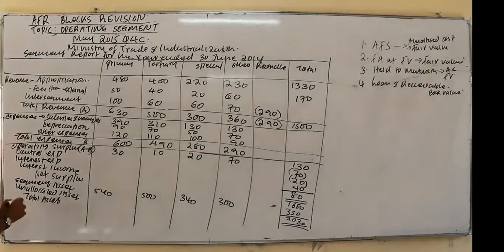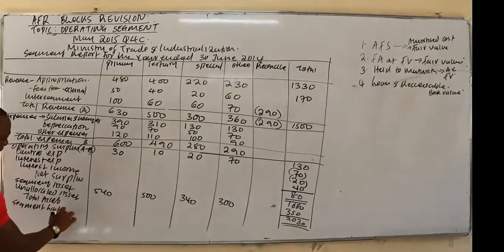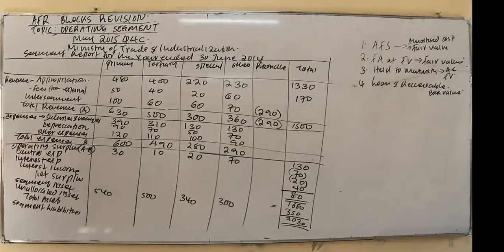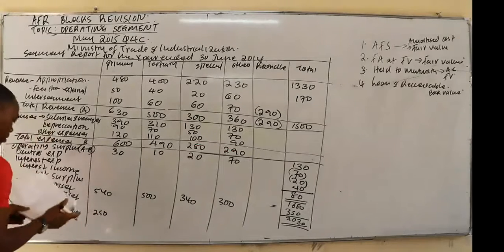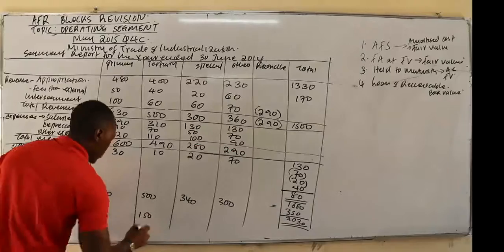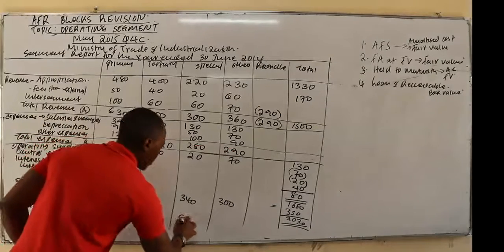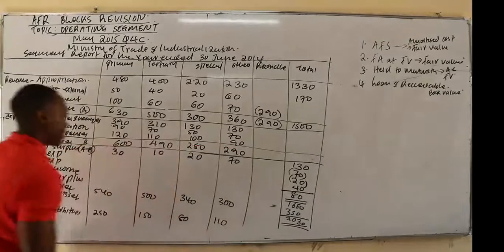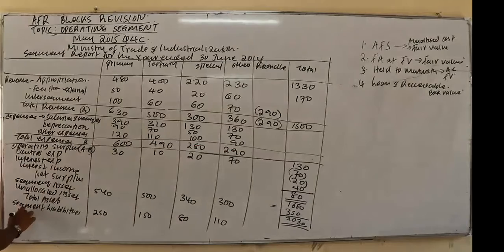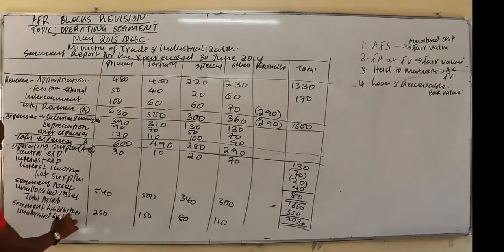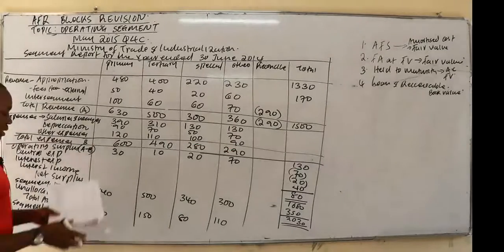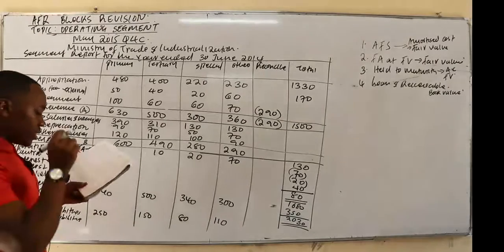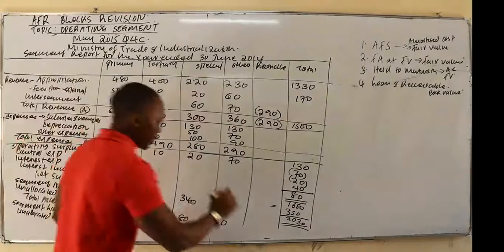Also, we go to the segment liabilities. For segment liabilities, we have 250, 150, 80, 110, and also we had the unallocated liabilities. Unallocated liabilities, that's note number 3. It was an amount of 400.